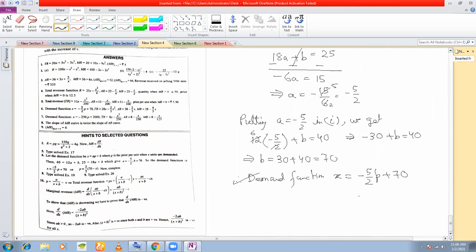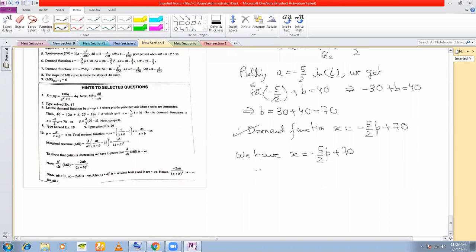Next question is also to determine the total revenue function. What is the total revenue function? P into x, right? Price per unit into output. So what you do is, we find p in terms of x. We have x is equal to minus 5 by 2 p plus 70. That means x minus 70 is equal to minus 5 by 2 p.